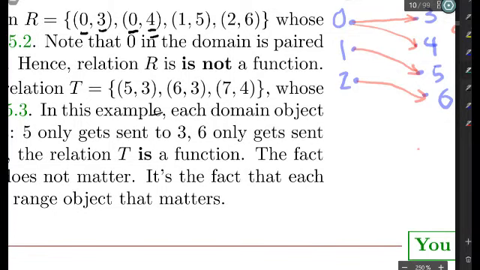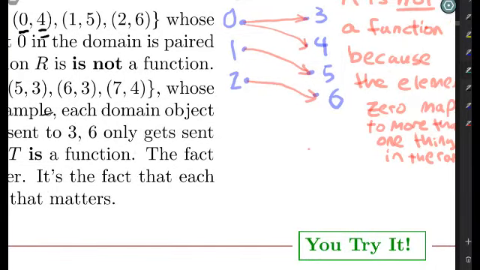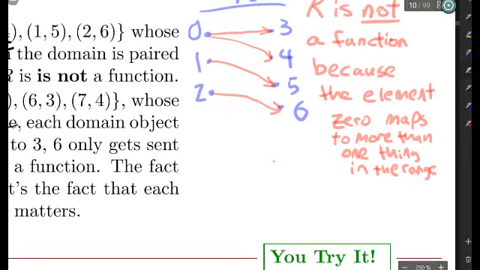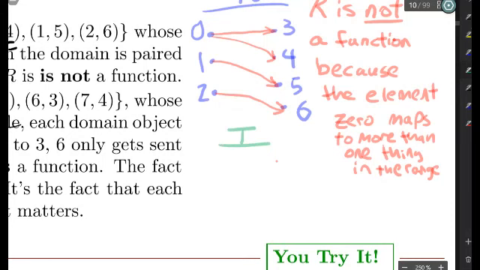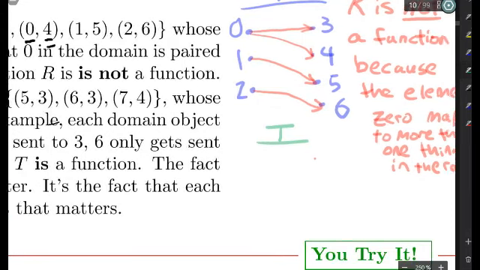Whereas T, consider T. So in T, we have, what was it, 5, 3?